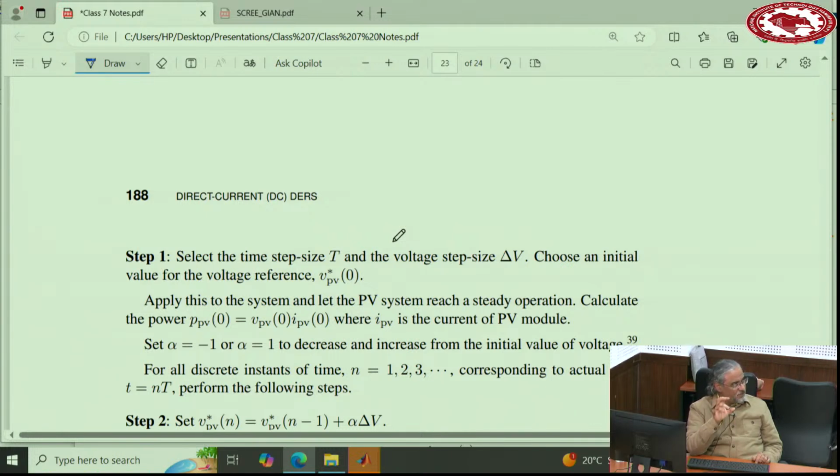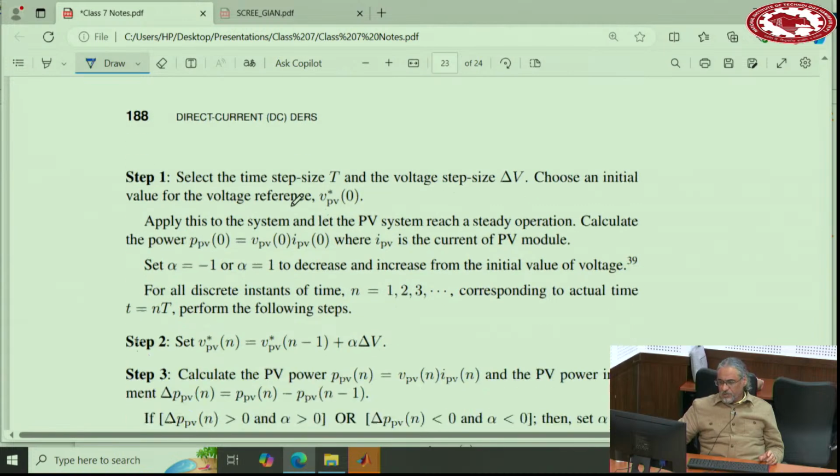If this is happening, I know I'm on the right side, so I will decrease the voltage to approach the maximum point. If I'm on the left side, the opposite thing happens, so I will increase the voltage to approach it. That's basically what it does. So I perturb the voltage and observe the power, and based on the perturbation and observation, I make a decision whether to increase or decrease my voltage.